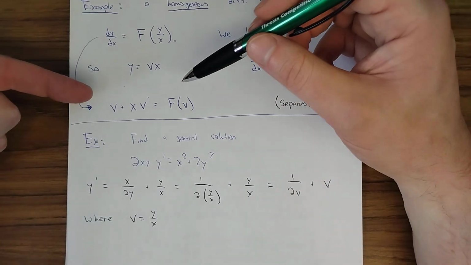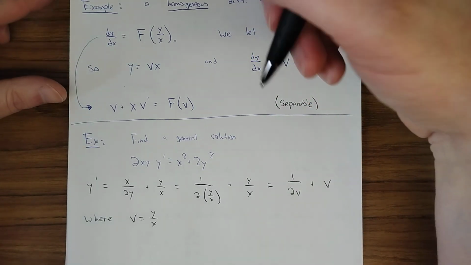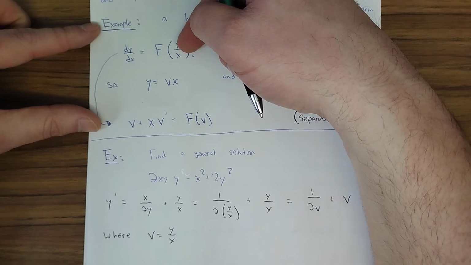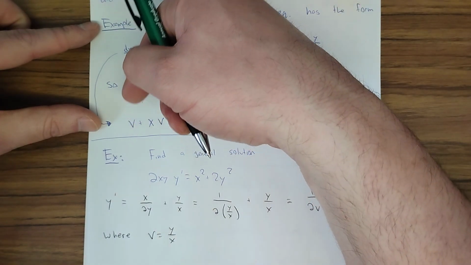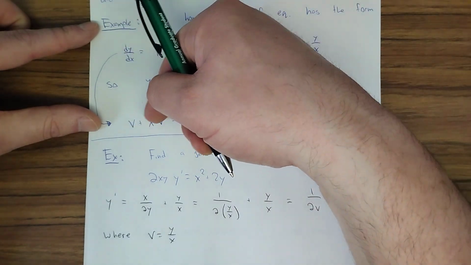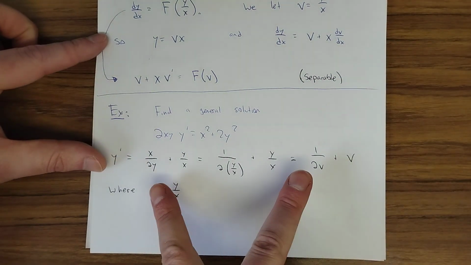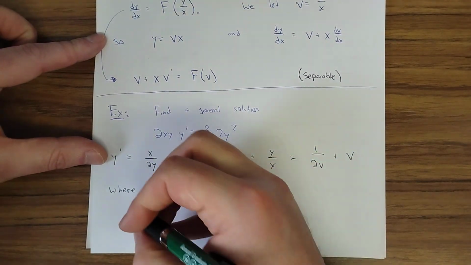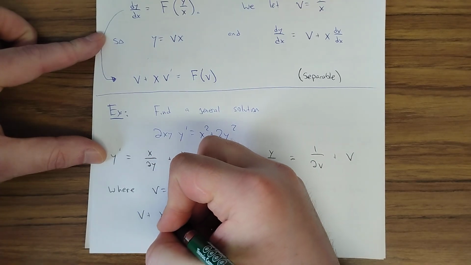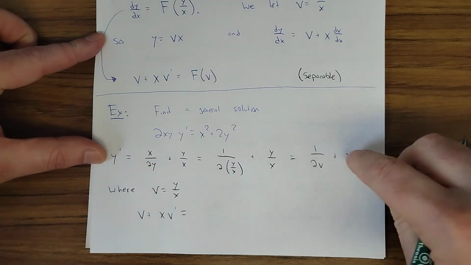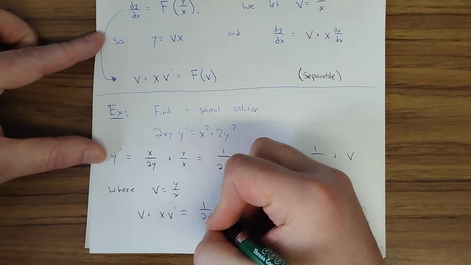Let me keep doing this substitution. So what does this turn into? This turns into, because y prime is v plus xv prime, so let me rewrite this here. y prime is v plus xv prime, and we just wrote that equals this.